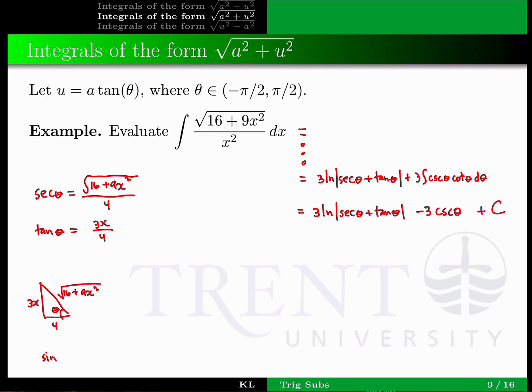Sine theta is opposite, which is 3x divided by square root of 16 plus 9x squared, which means cosecant theta is the reciprocal of this.